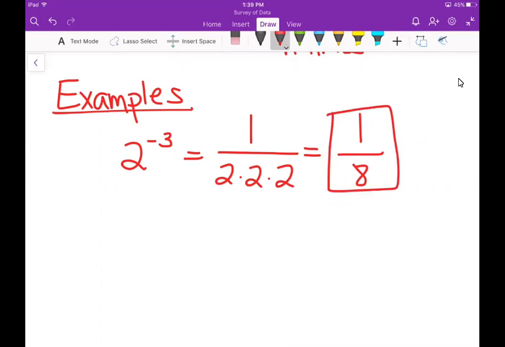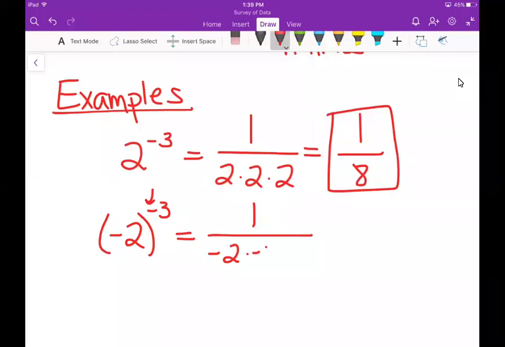Now what happens if we throw in a negative base? So what if I have -2 to the -3? Now those negatives in no way cancel each other out, right? Write down what this means. This negative here means I need to do all of my multiplying in my denominator, so I'm actually dividing. And what am I going to multiply together? I'm going to multiply -2 together 3 times.